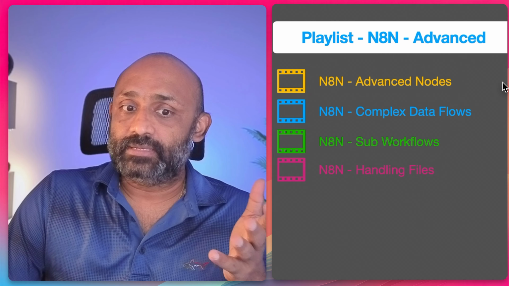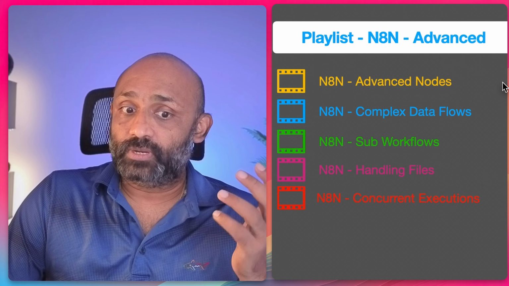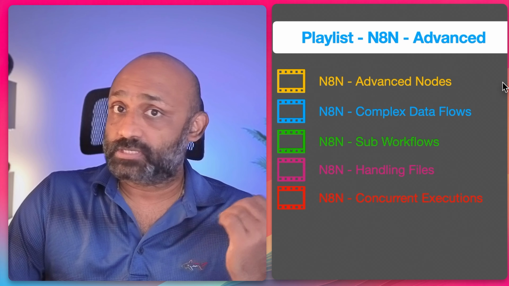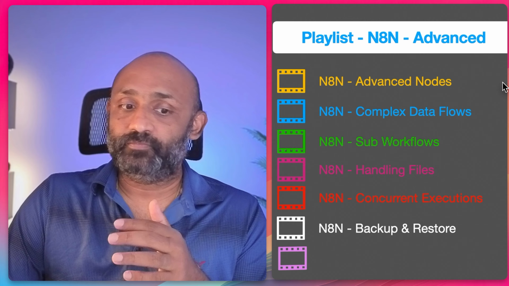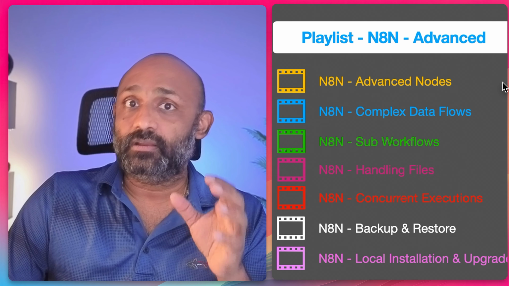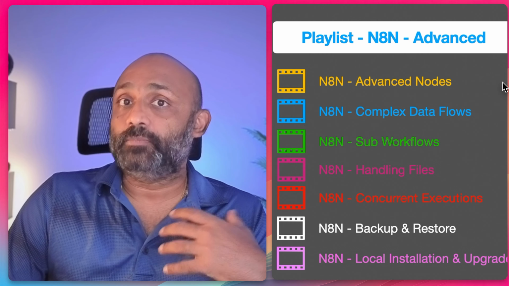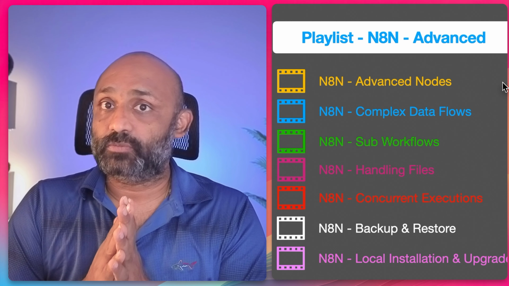And then the fourth one is Handling Files. How do we process files? And then the fifth one is Concurrent Executions of Workflows. And the sixth one is Backup and Restore. And the last, 7th one is how do we install n8n and upgrade on our local machine. So these are all the advanced videos which we are planning to publish.